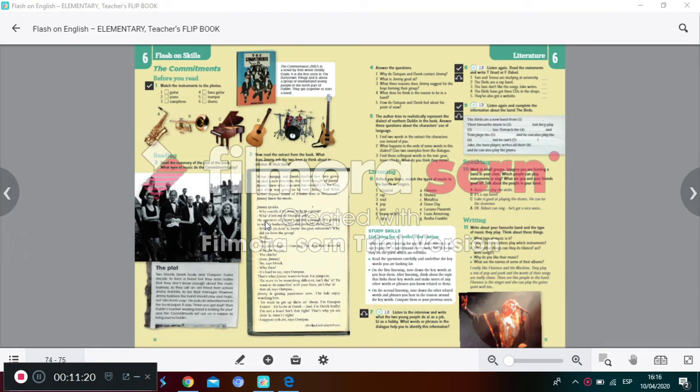Okay, students, let's see. Here in activity number 2, you have an image. These people are the members of a band.